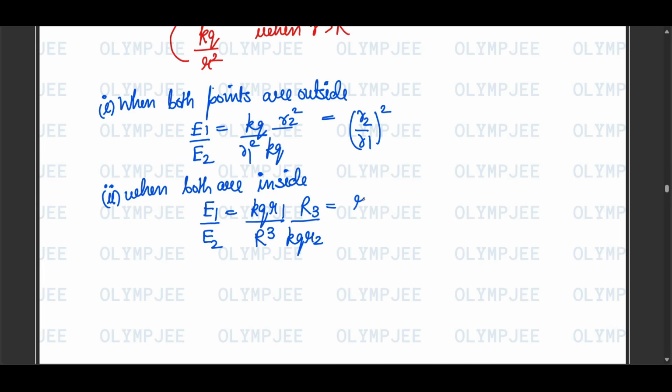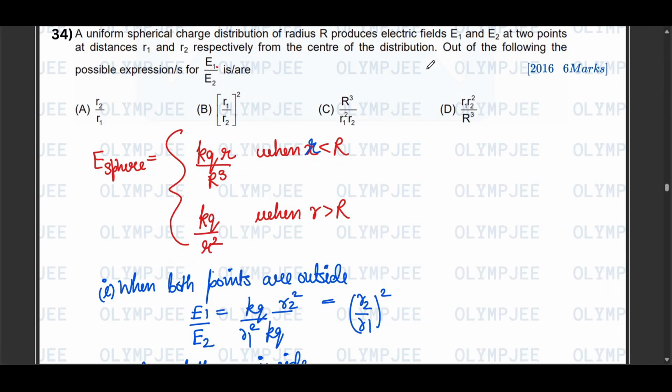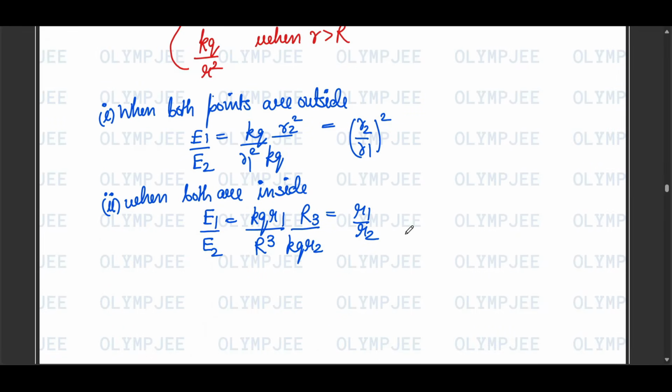So this will be r1 by r2, which does not match with any option. Since A is r2 by r1, this is not r1 by r2, so doesn't match.